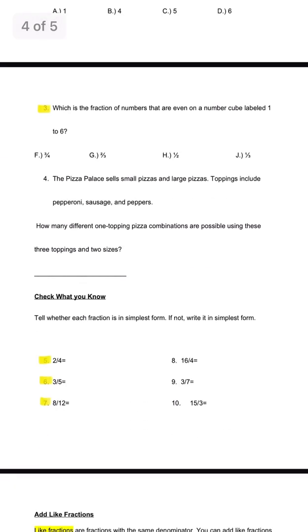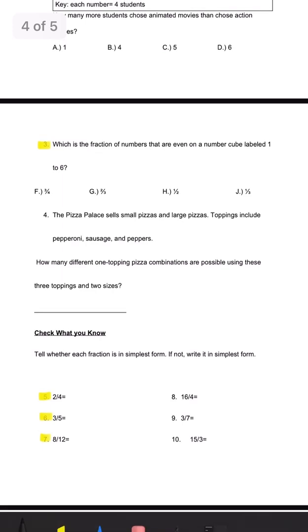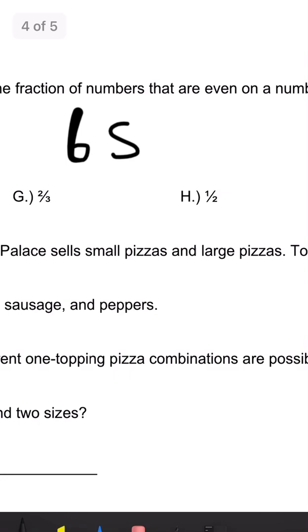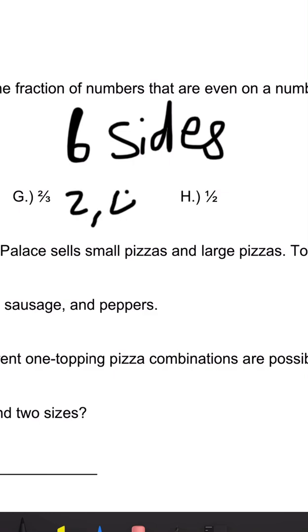Okay, let's move on to number 3. It says, which is the fraction of numbers that are even on a number cube labeled 1 to 6? So we know that a number cube is talking about a dice, and a dice has 6 sides. Now we have even numbers and odd numbers on a dice, and we know that the even numbers are 2, 4, and 6.